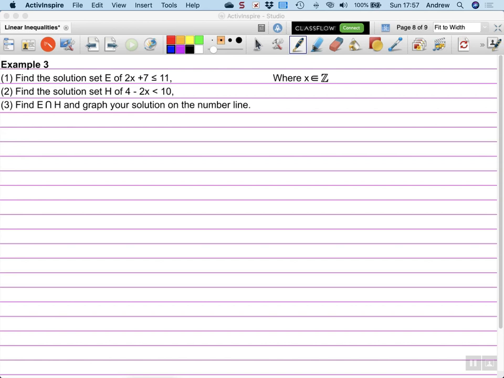Okay, example number 3. Once again, we take a look over here and it says x belongs to Z. So we can go to the formula book or we can go from memory. And in the formula book, it will say dot, dot, dot, comma, -3, and then -2, and then -1, and then 0, and then 1, 2, 3, dot, dot, dot.